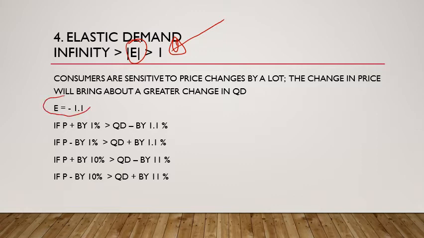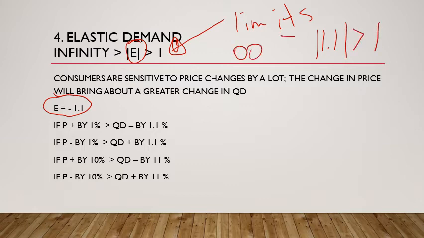Here we're using negative 1.1. Let's see if it fits into this limitation. So here the absolute value of negative 1.1 would be 1.1, and it is true it is greater than 1, and it is also true that infinity is greater than 1.1.